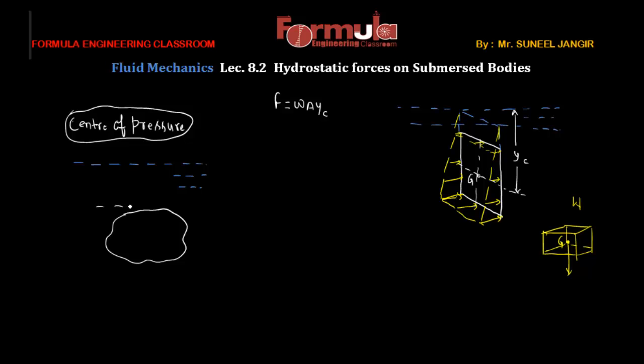This is the front view, this is the side view, and we discussed this case in our last lecture. Here we are considering a strip of area dA which is at a distance y below the free surface, and this is our considered strip here.